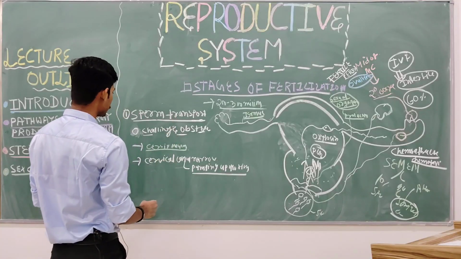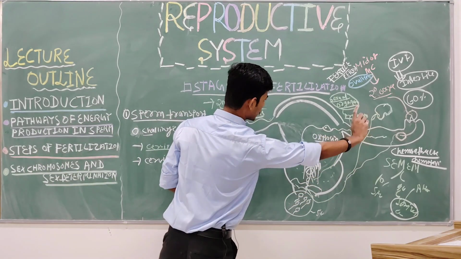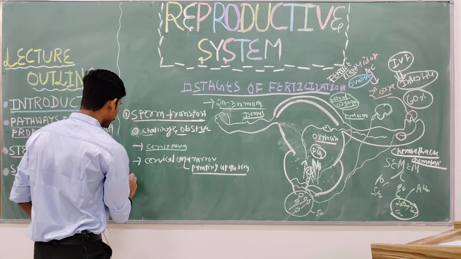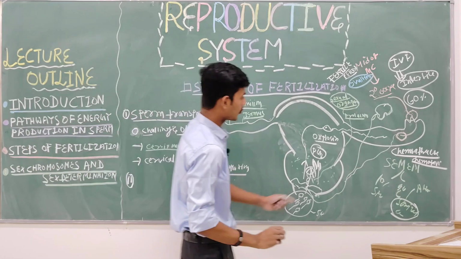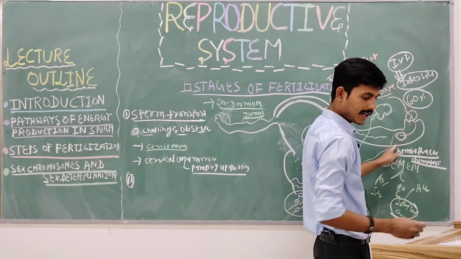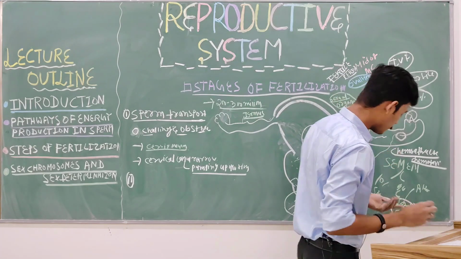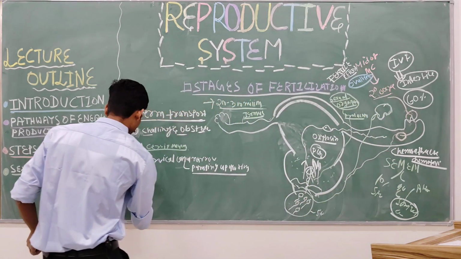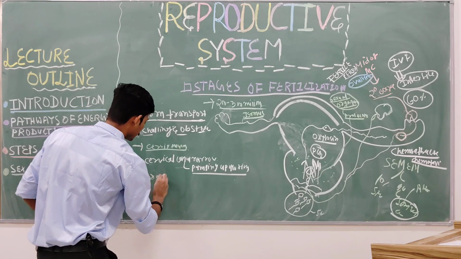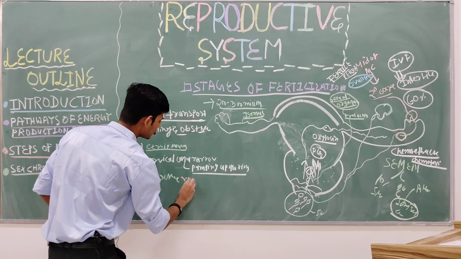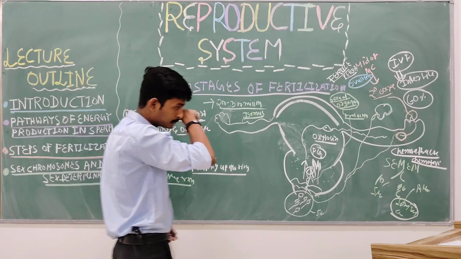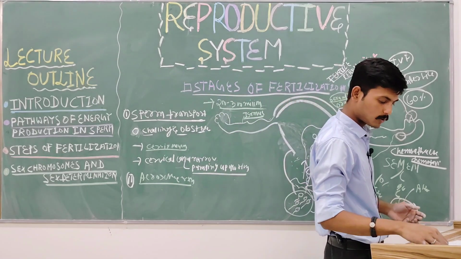The first step is sperm transport. Sperm successfully go to the near environment. The second step is to fuse, and that is referred to as the acrosome reaction. Now, what is happening in the acrosome reaction?